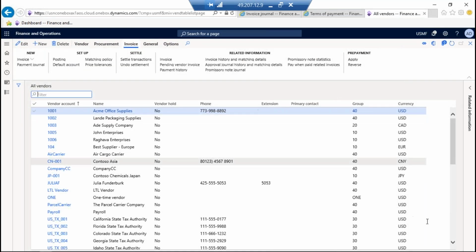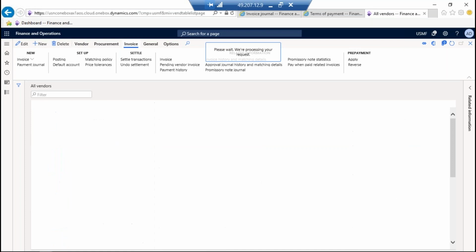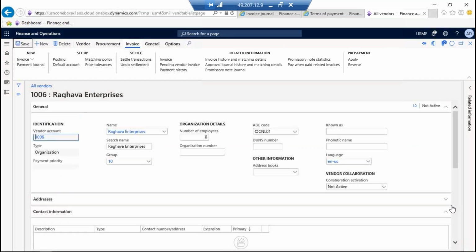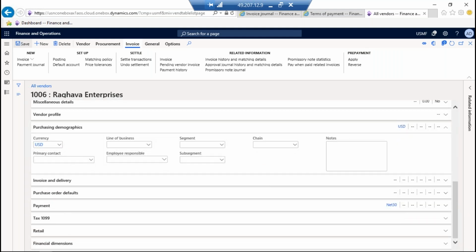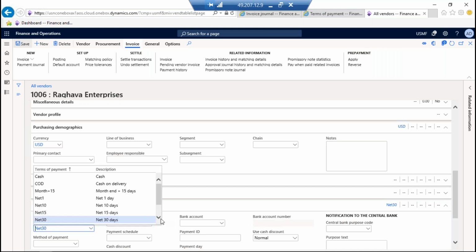In this we have created one vendor, Raghava Enterprises 1006. I'm clicking edit. Now you can go inside the payment tab, terms of payment, and I'm mapping 45 days.